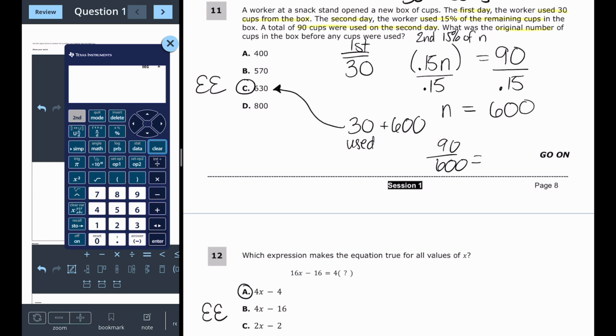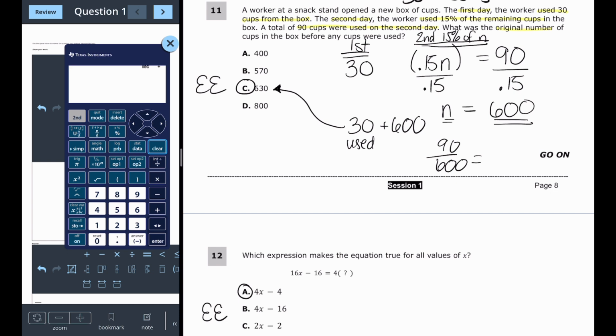This is a very complicated problem. It is a two-step problem. I need to figure out how many cups there were on the second day, which is 600, and I know we used 30 cups the first day. So I know my original number was 630. All right? So lots of little steps there. This was a very tricky problem.